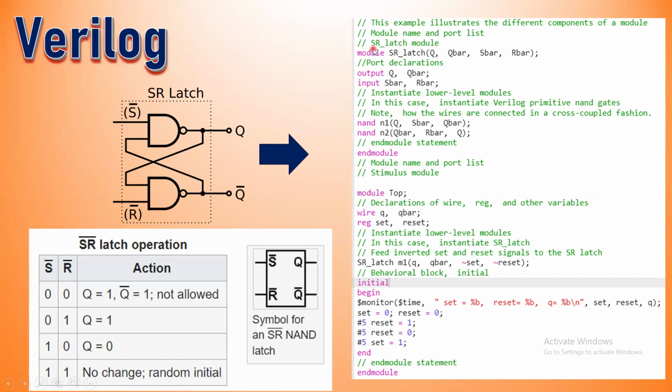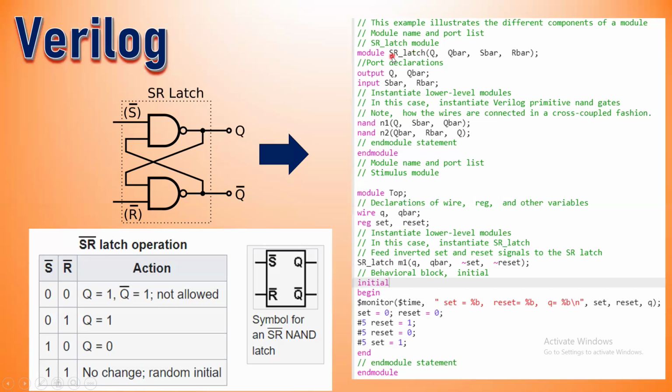The 2 slashes, all these in green, are my comments. Then we start the syntax: module. Always in Verilog, you will have the module and the endmodule, and in between them I will have my design code.